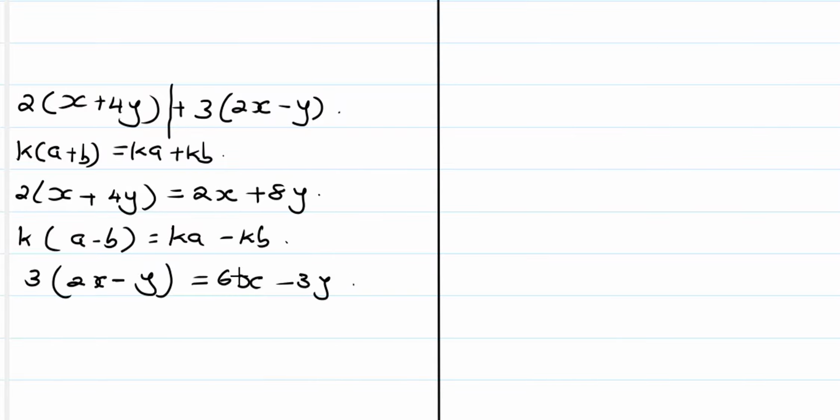And then we combine both parts, and we combine them using addition because we divided here, and at this point we had the addition sign. So it becomes 2x plus 8y, then plus 6x minus 3y.